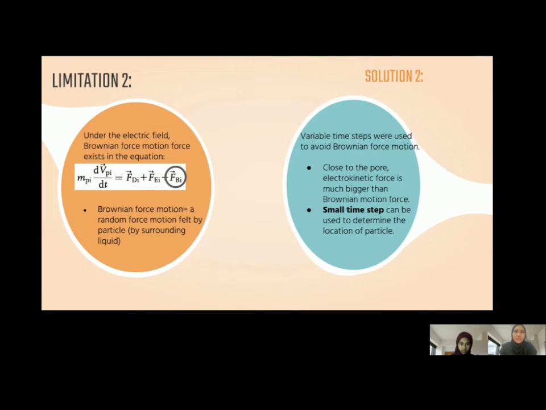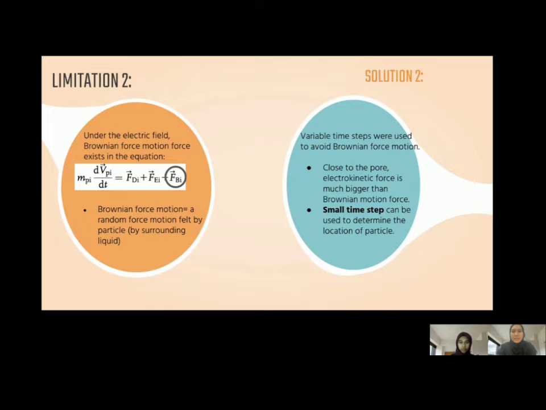For the next limitation, it is the existence of the Brownian force motion, as this particle separation was run under an electric field. So during the determination of parameters based on the continuum model using the equations mentioned just now, they found that this model showed the existence of Brownian force motion, as in the equation shown in the slide in the white box.